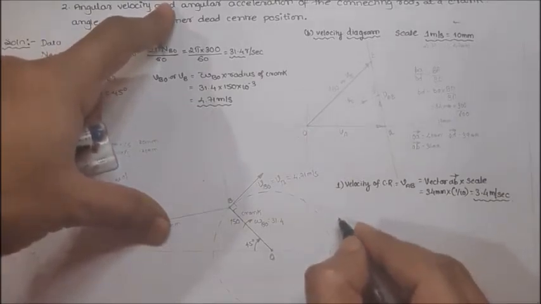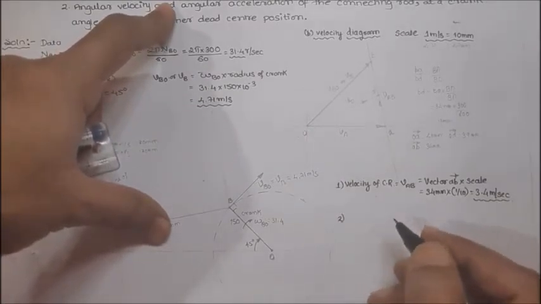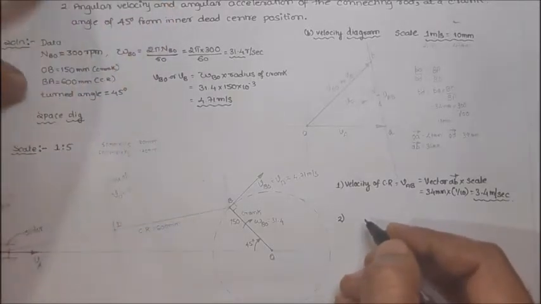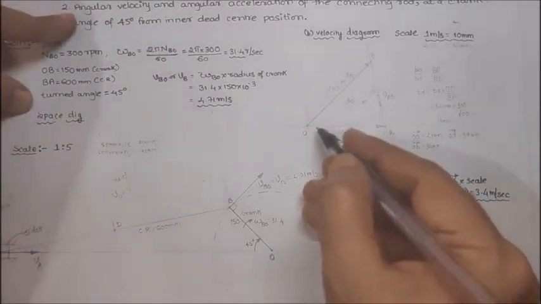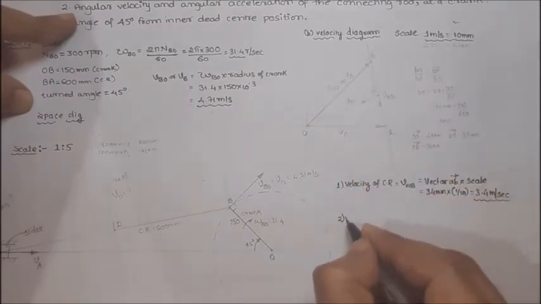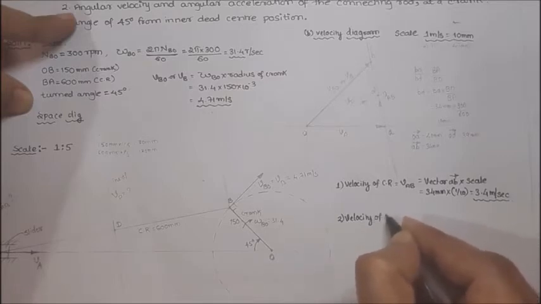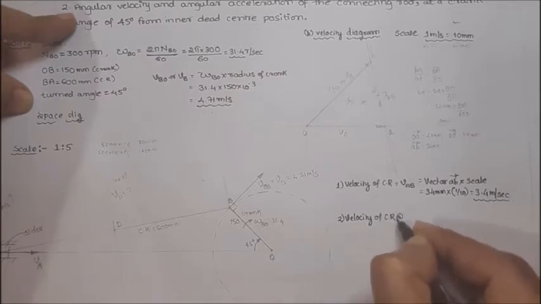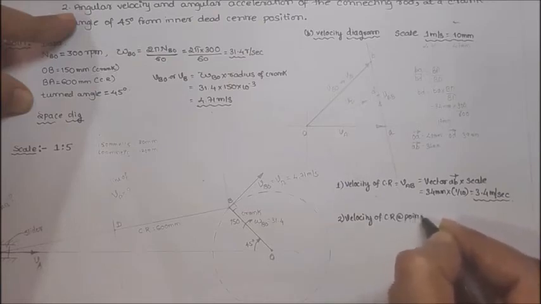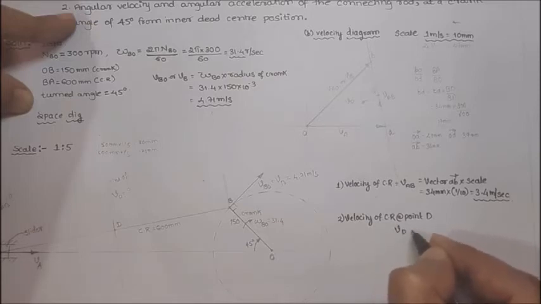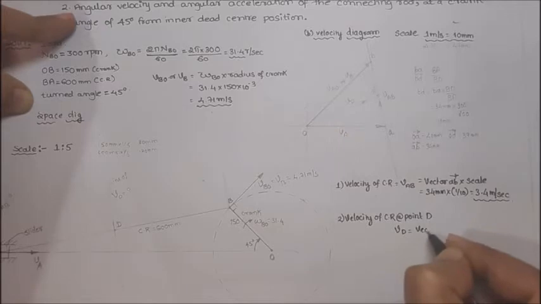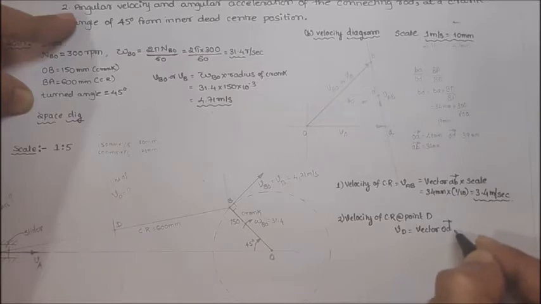Okay. Second, we require to find out the velocity of the point D, velocity of connecting rod at point D. So velocity D equal to vector OD into scale.